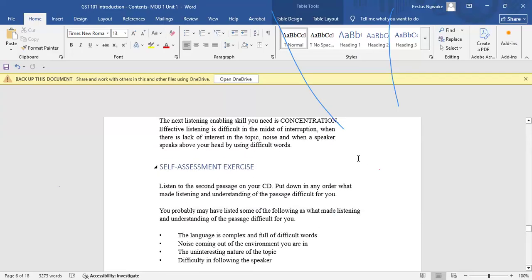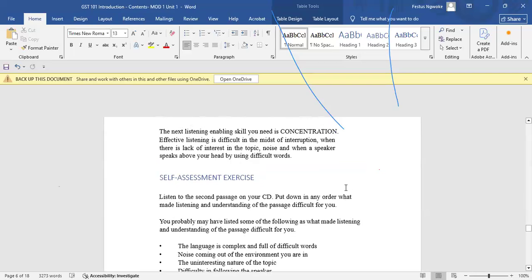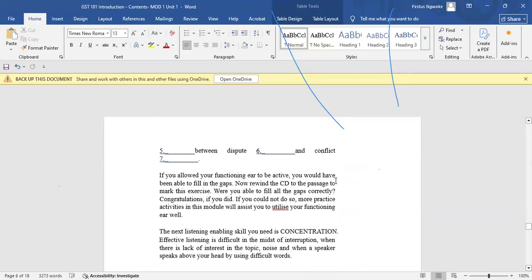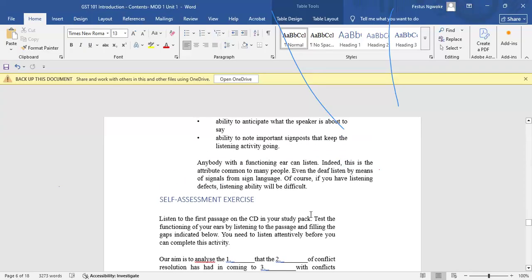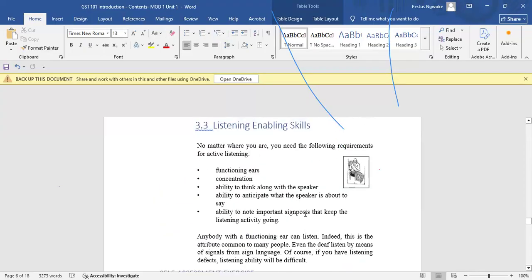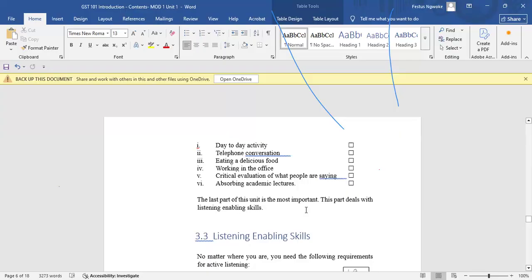Are there other questions or comments? Okay. In the absence of any further questions, let us just look at what we have said. Once again, we want to emphasize that listening is a very important skill, most importantly in our academic ladder. You cannot do without it.